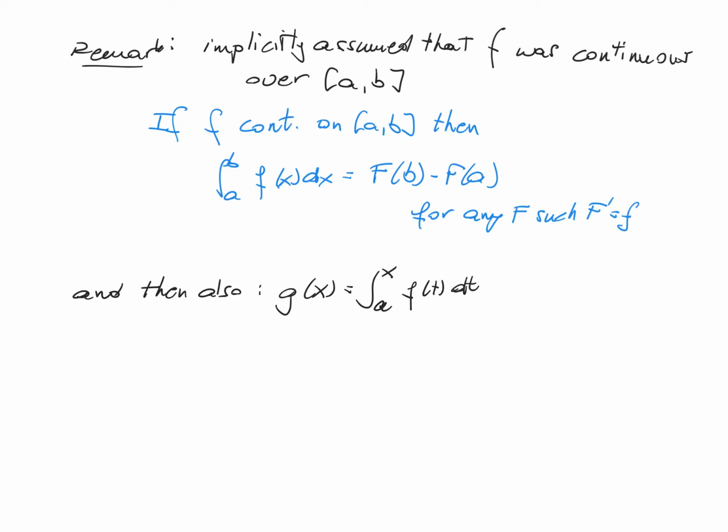This function g of x is continuously differentiable. So it means that the derivative is also continuous, and g prime of x, so if we take the derivative of g, we get the function f of x.